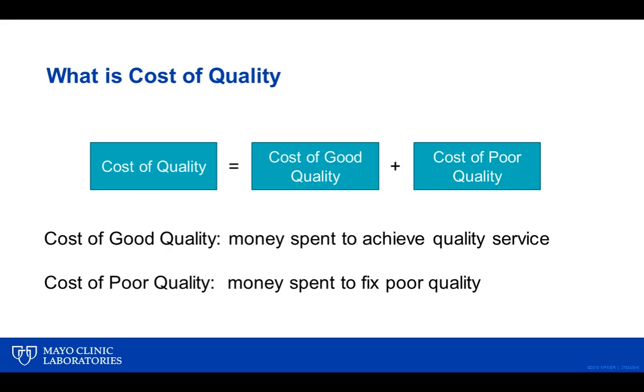The whole idea of cost of quality is to first make sure you are investing money in your program or in your lab to assure you are getting good product out the door. But we know we do have quality issues sometimes, so you have to spend money to fix that. That is the undesirable part, the part where we don't want to spend money fixing problems.